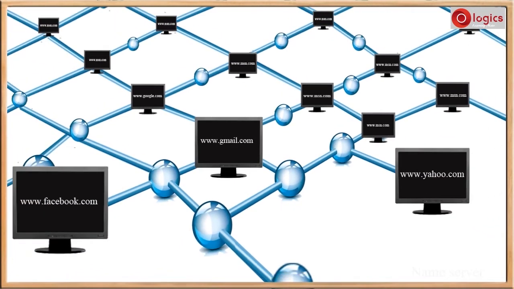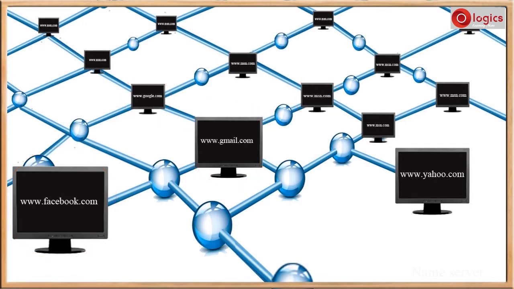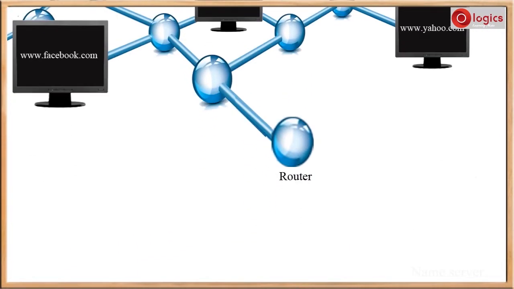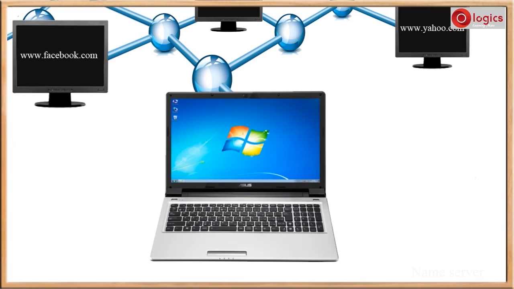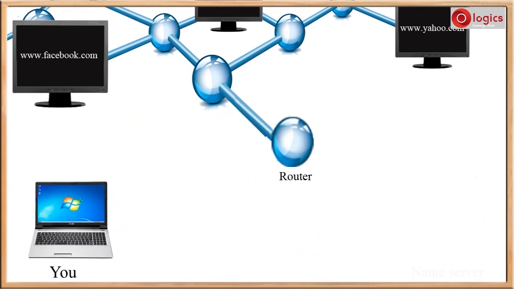These are the servers on the internet: Gmail, Google, MSN, Facebook, etc. These are the routers used to forward the data in computer networks. This is your computer, ready to connect to the internet, and this is the data modem.